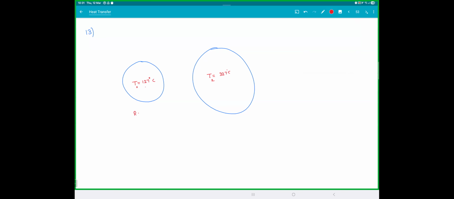This radius is R. This radius is 2R. This E is equal to 1. This E is equal to half. And the temperature of the surrounding is 27 degrees. Find the ratio of heat per second. If I don't mention anything, it is net heat only.